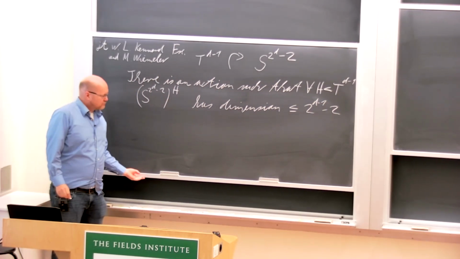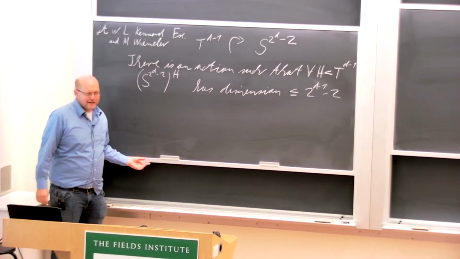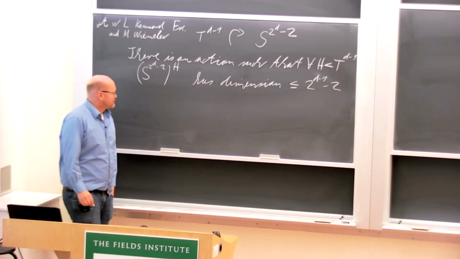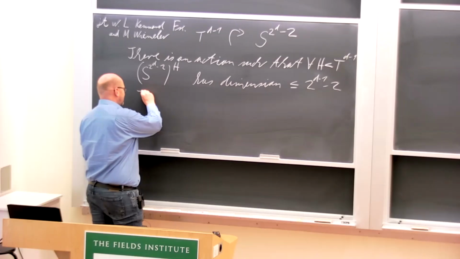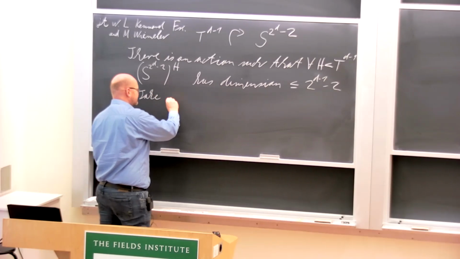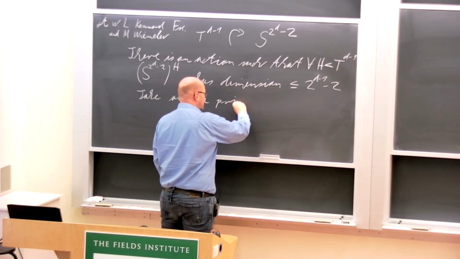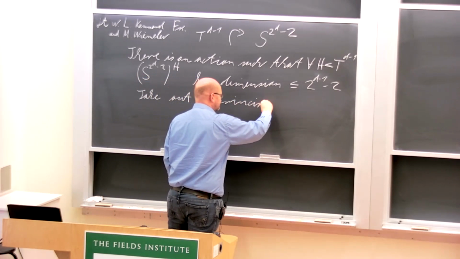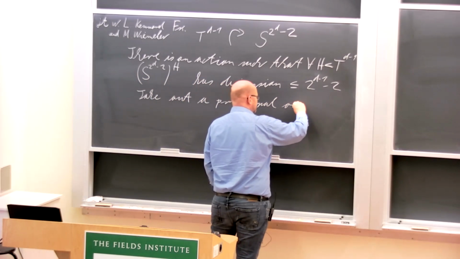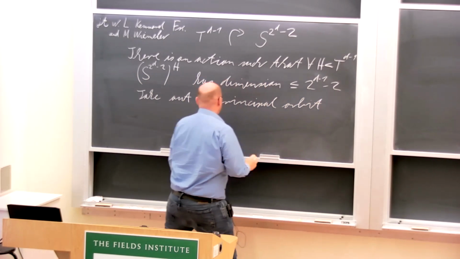And now, well, that's an example on the sphere, nothing wrong with it. But what you can do now is take out the principal orbit or tubular neighborhood of a principal orbit and double the manifold.